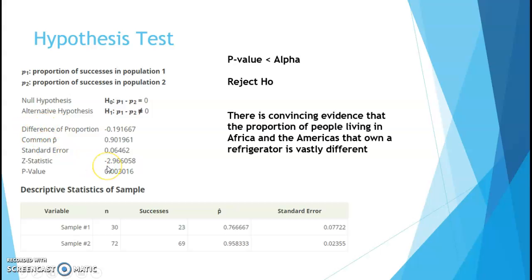Our z statistic is negative 2.966058, and the p-value is 0.003016. Comparing the p-value to alpha, which was 0.05, it's much smaller than alpha, so we reject H0 because there is convincing evidence that the proportion of people living in Africa and the Americas that own a refrigerator is vastly different.